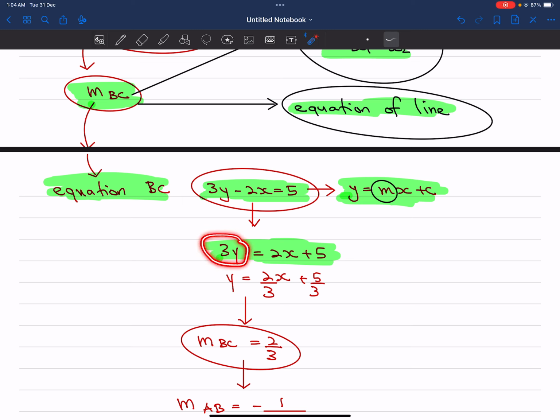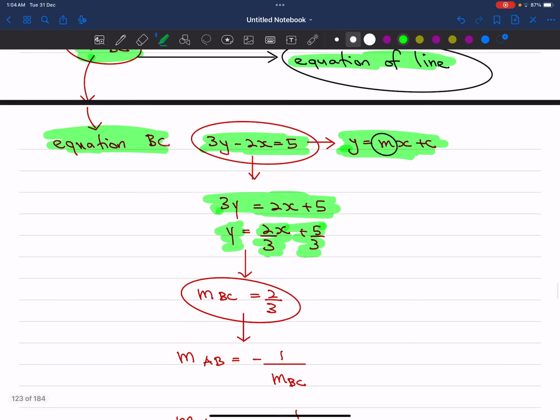So 3y divided by 3, I get y. 2x divided by 3 is 2 over 3 x. And finally, 5 divided by 3 is 5 over 3. Once you have this format, we know that 2 over 3 is the gradient of BC.